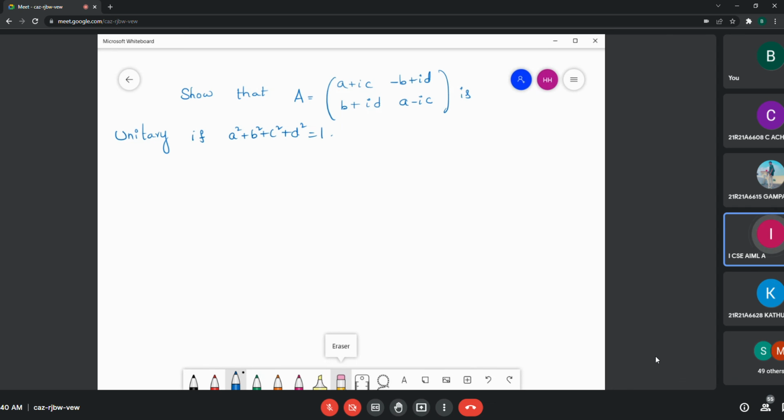Just for practice only I am giving you this question. Show that the matrix A is unitary if A square plus B square plus C square plus D square is equal to 1.